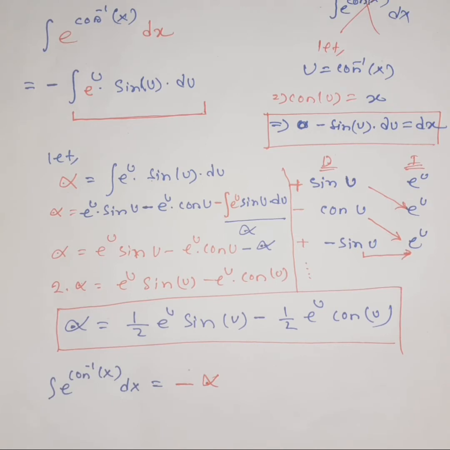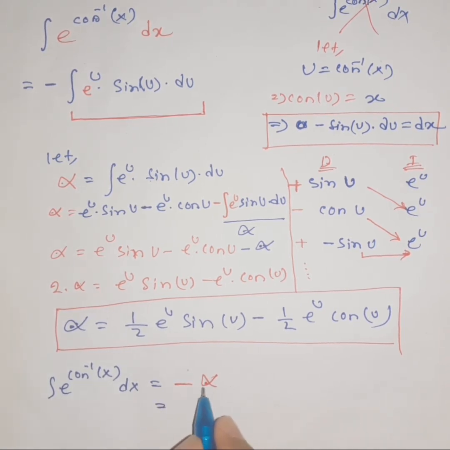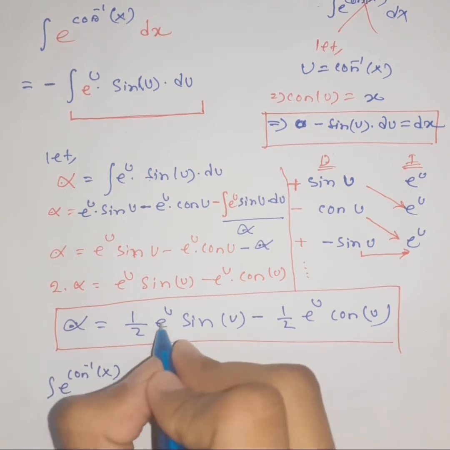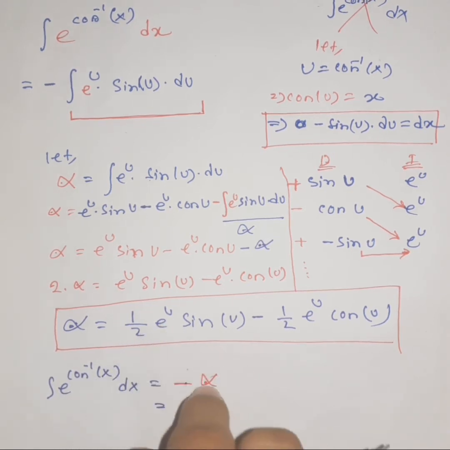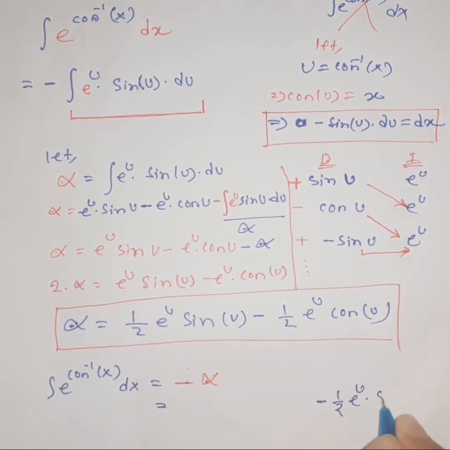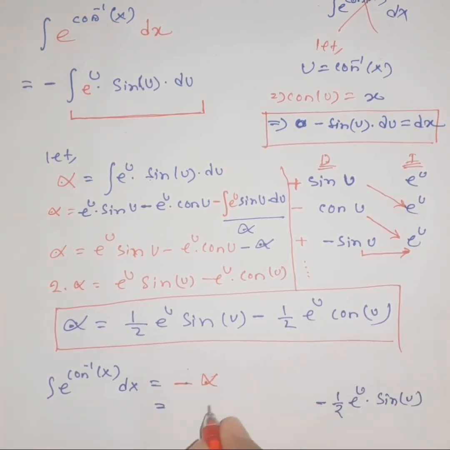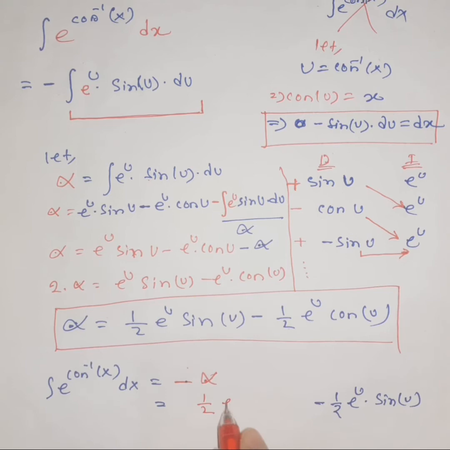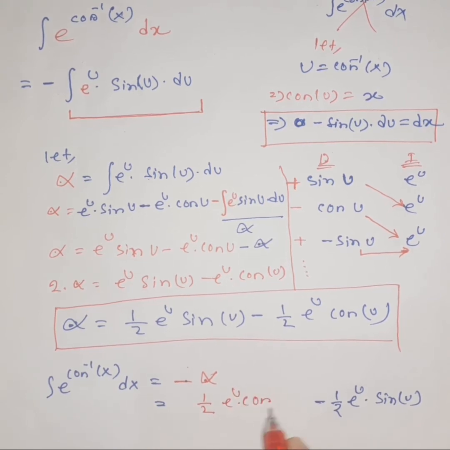So now let's plug in the value of this fish. So negative and positive makes negative, so this will be negative half e to the u times sine of u, and negative and negative makes positive, so half e to the u cosine of u.